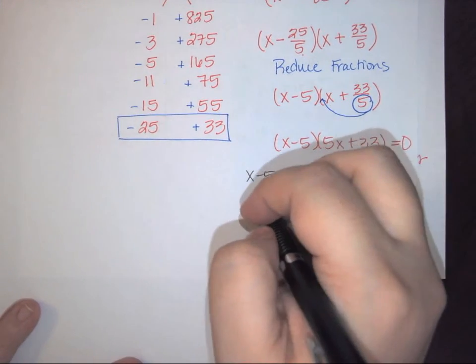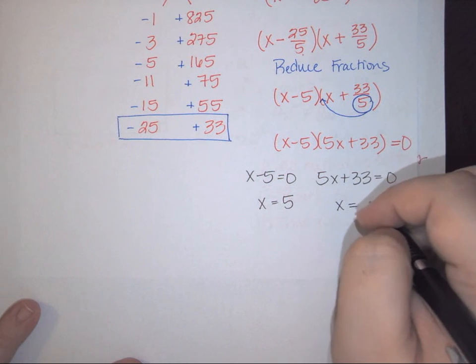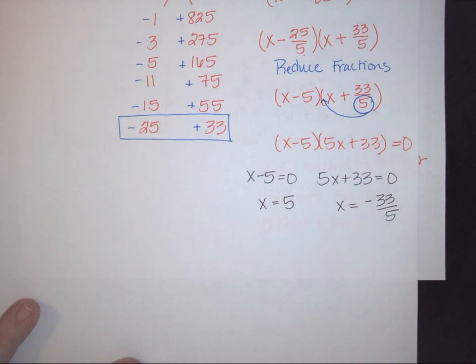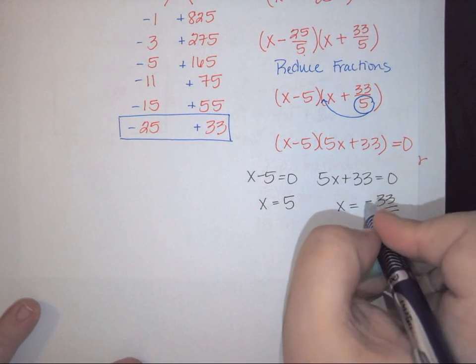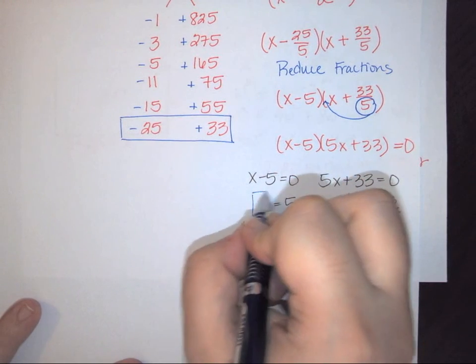So again, we're going to have that x equals 5, and we're going to have that x equals negative 33 divided by 5. Since we're dealing with units of measure, the negative goes away and leaves only behind my term.